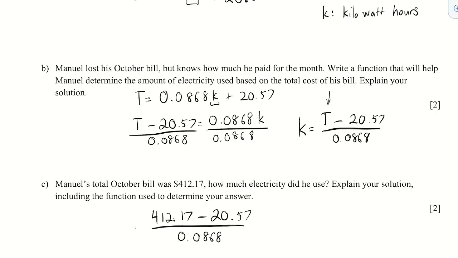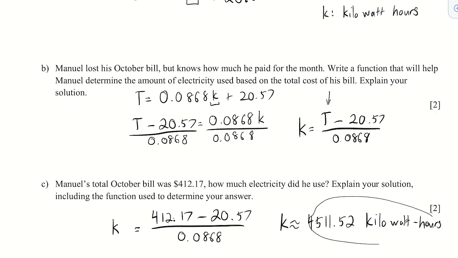And so that should give us how many kilowatt hours are left over. So that should end up giving us roughly the kilowatt hours of 4,511.52. And then we're going to say kilowatt hours. Just making sure that we're using the correct labels and units for our answer.